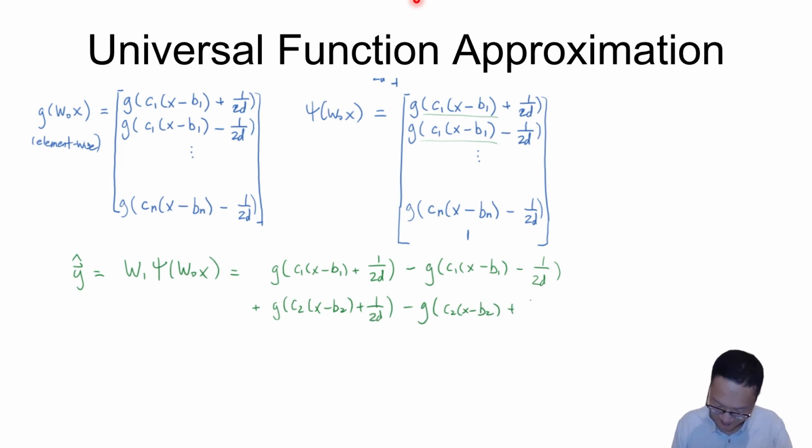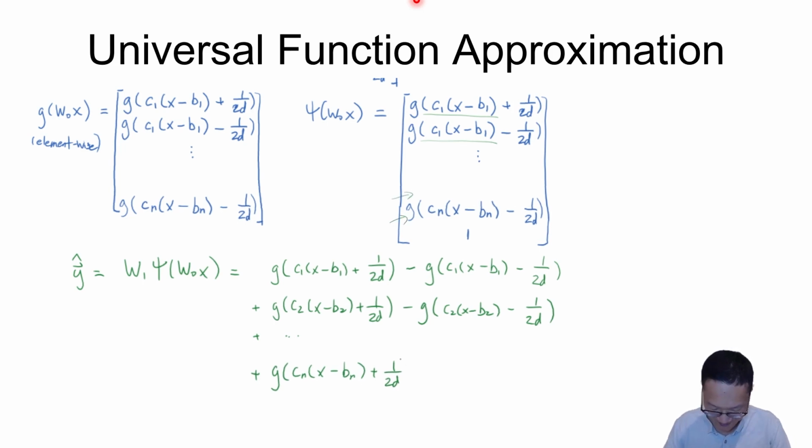Okay, I just did, but this should be a minus. Okay, so you keep going. And then eventually you have G of Cn x minus Bn plus, so that's the second last term, so this term over here, and then we get to the last one finally.